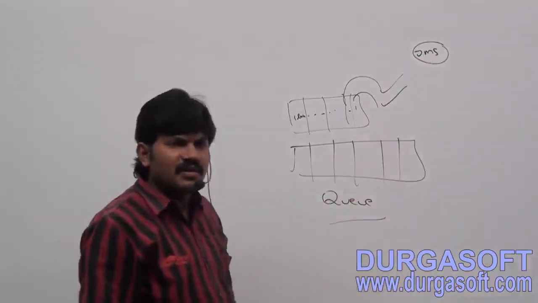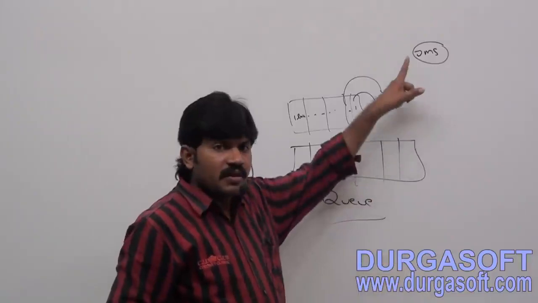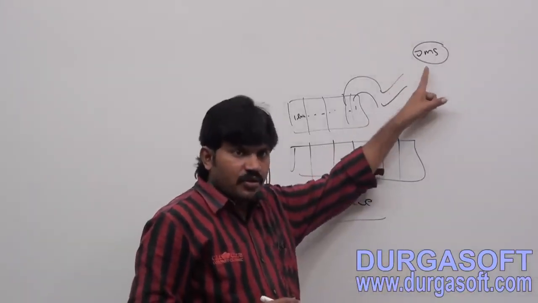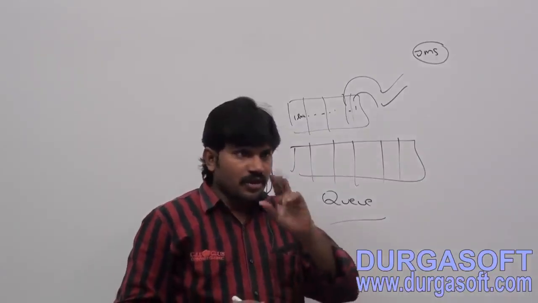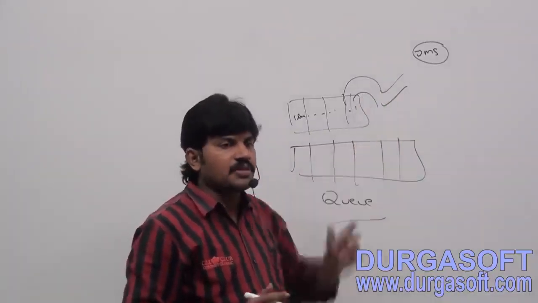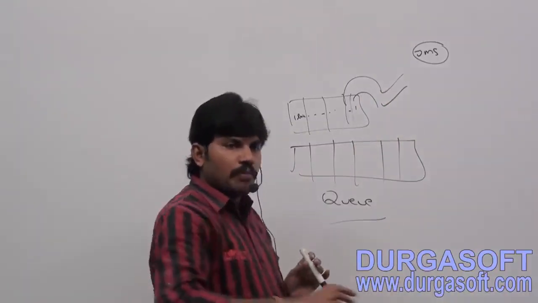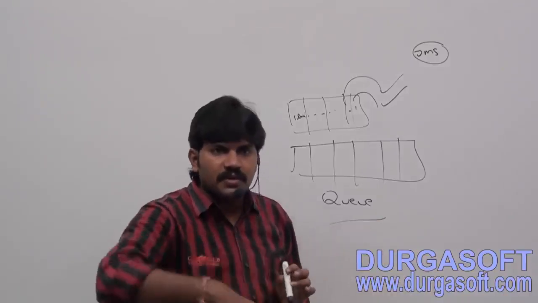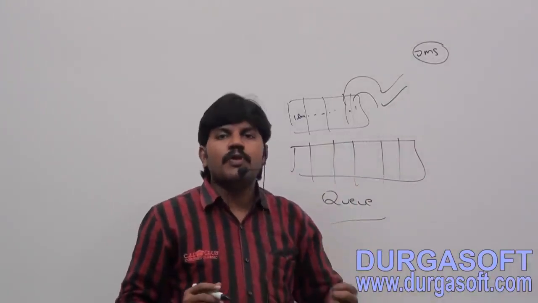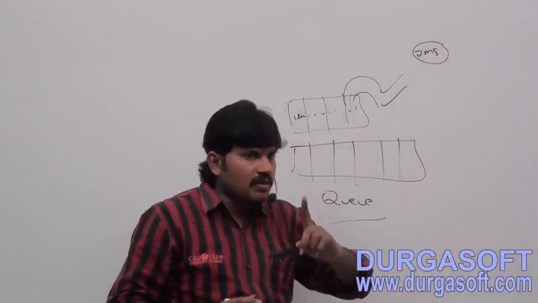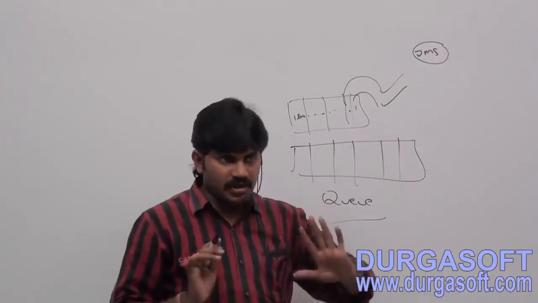JMS is Java Message Service. In that, everything we talk about is in terms of queues, because all messages we have to store somewhere in a queue. So wherever, prior to processing, you want to represent a group of objects, we should go for the queue concept, right? Is it clear?